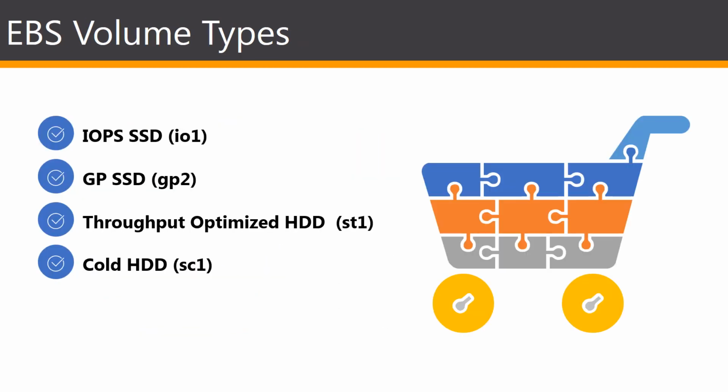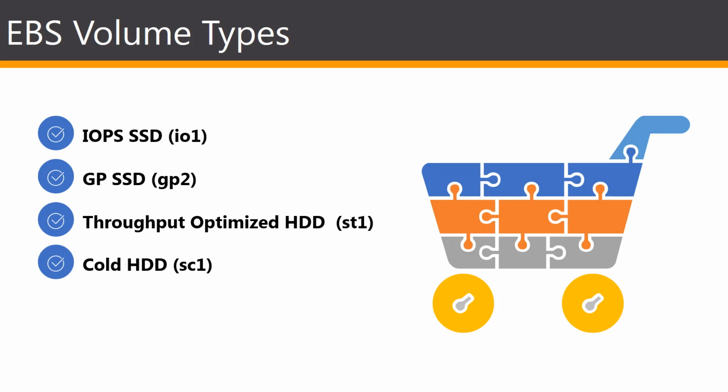Now, EBS provides a range of options that allow you to optimize storage performance and cost for your workload. These options are basically divided into two major categories: the SSD-backed storage for transactional workloads such as databases and boot volumes, and the HDD-backed storage for throughput-intensive workloads such as MapReduce or log processing.